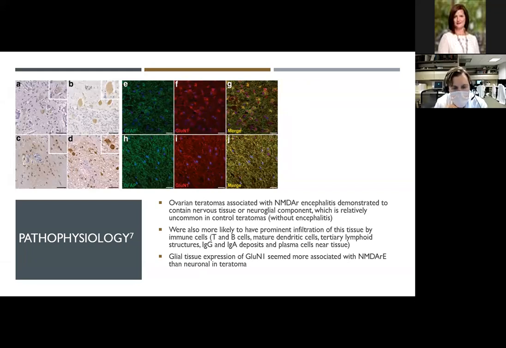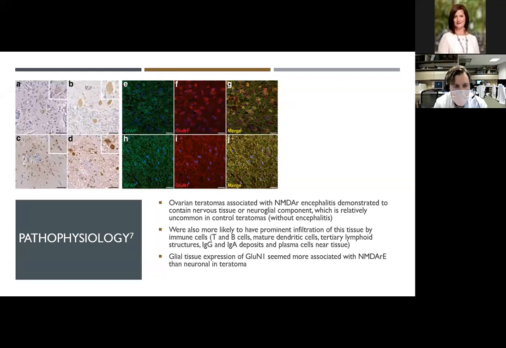One thing you can see in there is a neuroglial component, where cells are kind of like non-functioning white matter and gray matter mixed into this stroma of random other stuff. On the pictures here, the left, A, B, C, and D, are all immunohistochemistry against NMDA receptors, showing that in these ovarian teratomas, that receptor is expressed in this neural tissue.